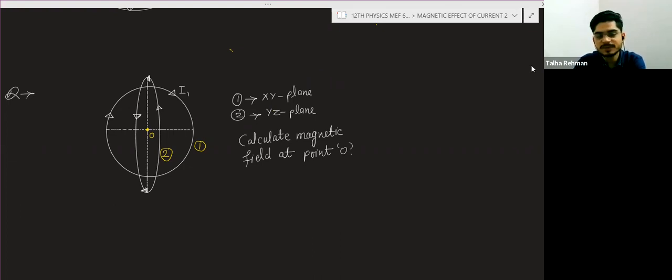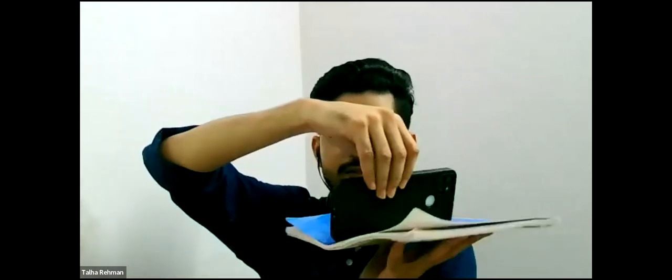And coil number two is placed in the YZ plane. What is the YZ plane? I have told you again and again. Suppose this is your XY plane, and suppose the coil is placed like this. This is your y-axis and this is your x-axis, or your coil is placed like this. So this coil is placed in the YZ plane.